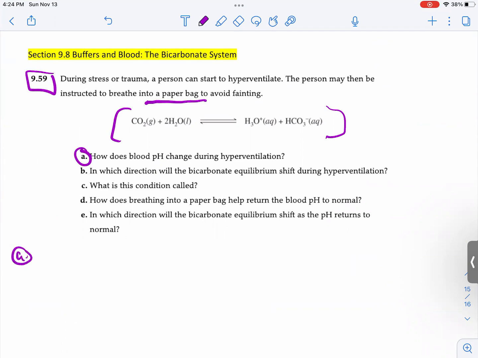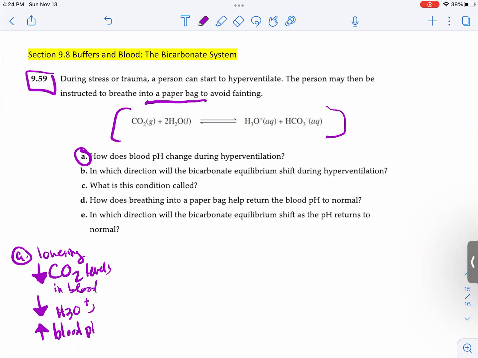So A, what's happening is you are lowering the CO2 levels, the carbon dioxide in the blood. Let's be specific. So that means you're decreasing hydronium ions. So the blood pH is becoming more acidic, right? I mean, the blood pH is increasing. No, don't listen to what I said out loud.